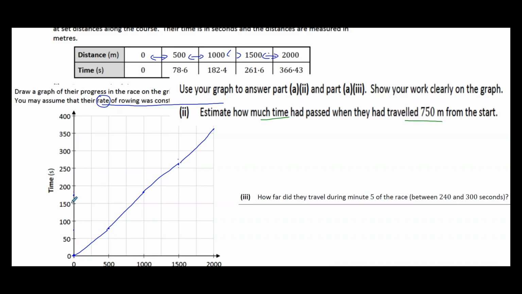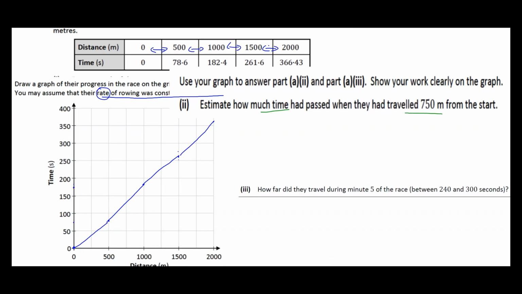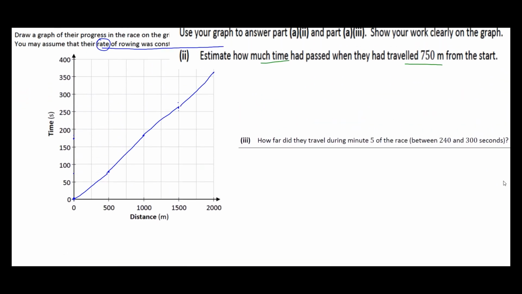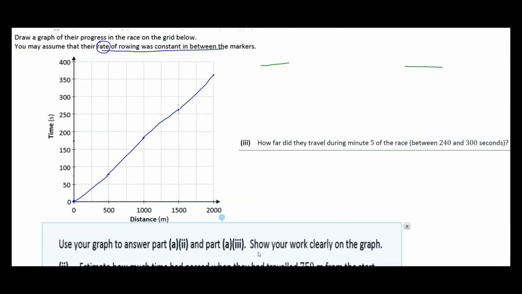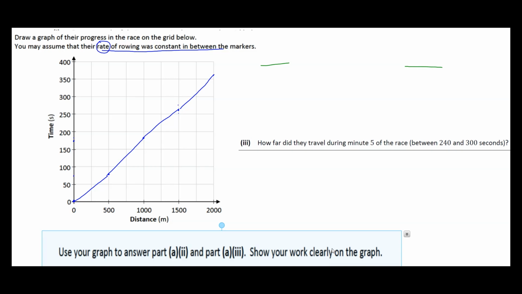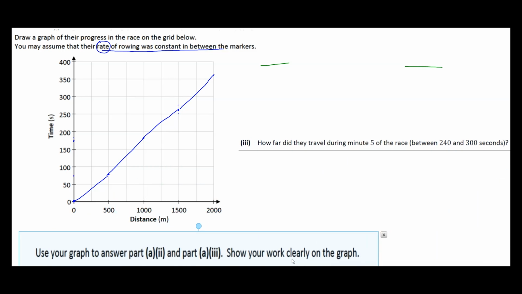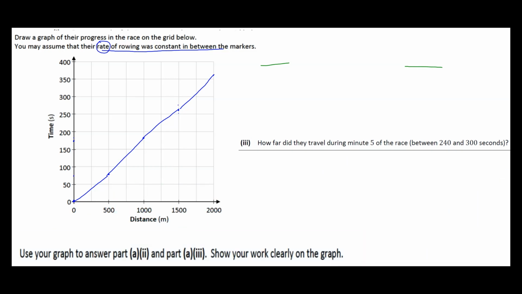Let's move that graph a little bit so we can read it better. So we are looking at the distance 750. That will be the middle between 500 and 1,000. So we go to our line and then we go across to read that value.